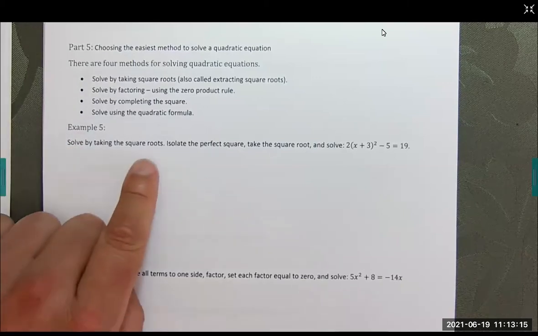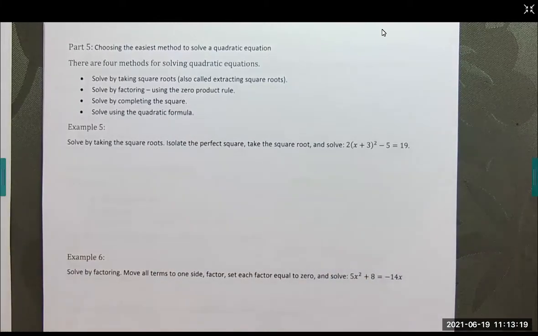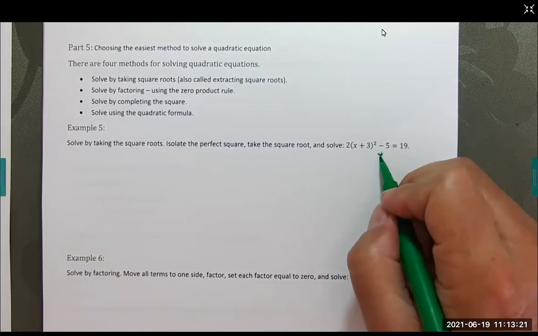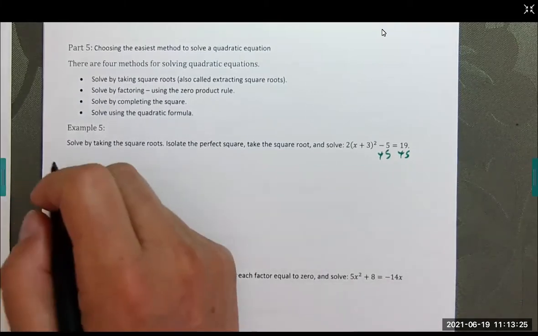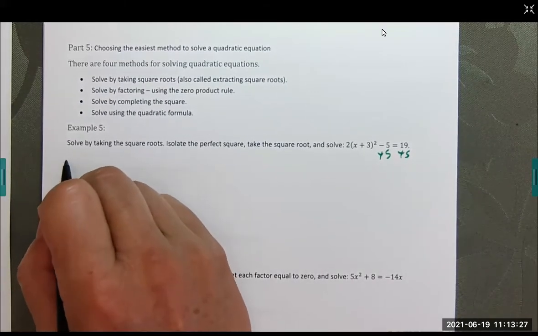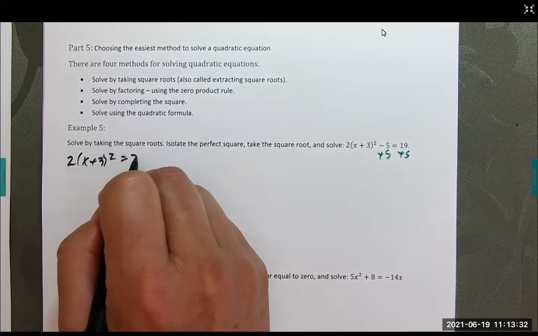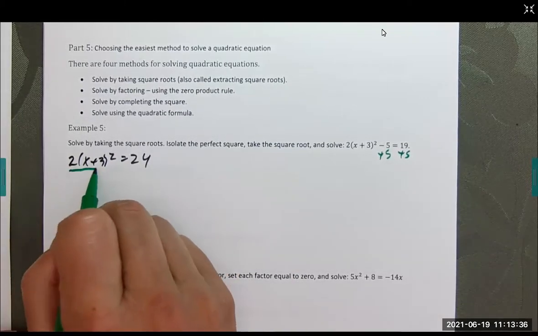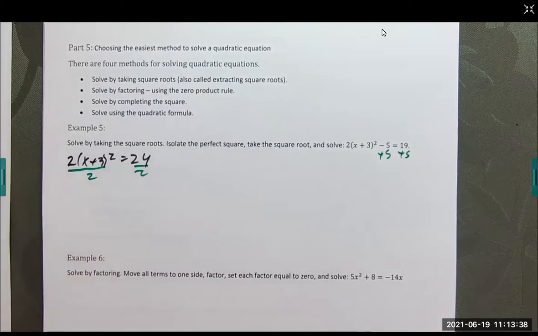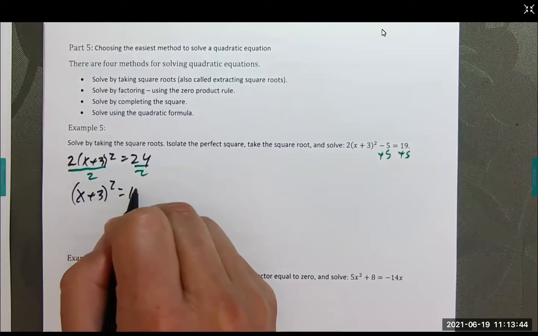So this one we're going to solve by taking the square roots. We can see we already have a perfect square there. So I'm going to add the 5. Divide by 2. x plus 3 squared equals 12.